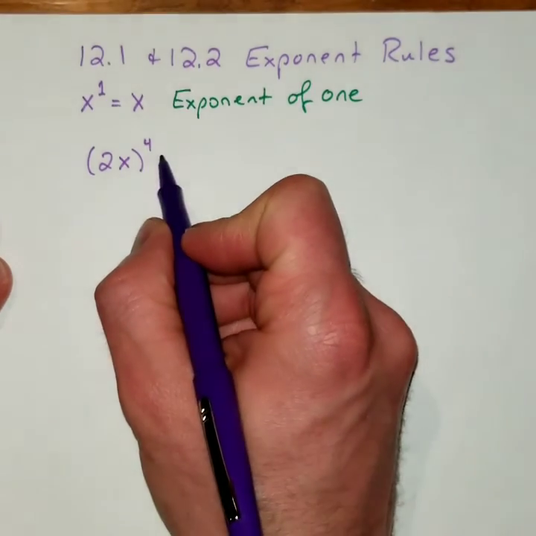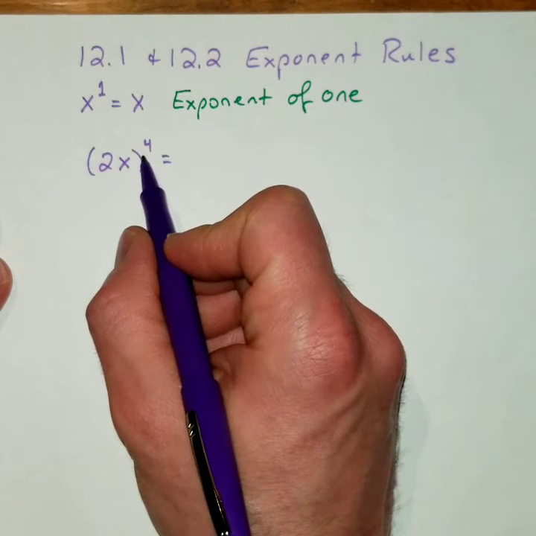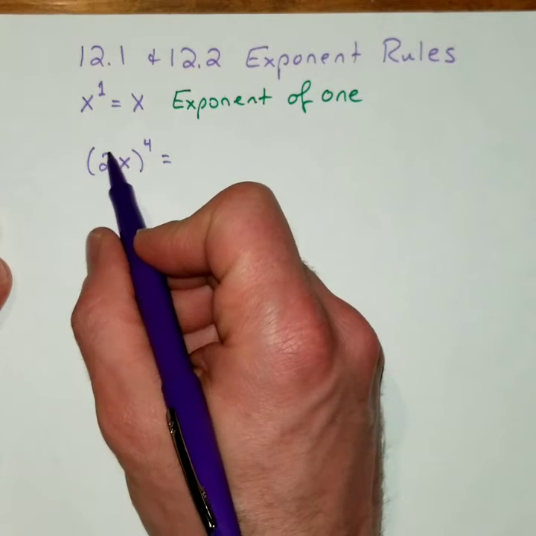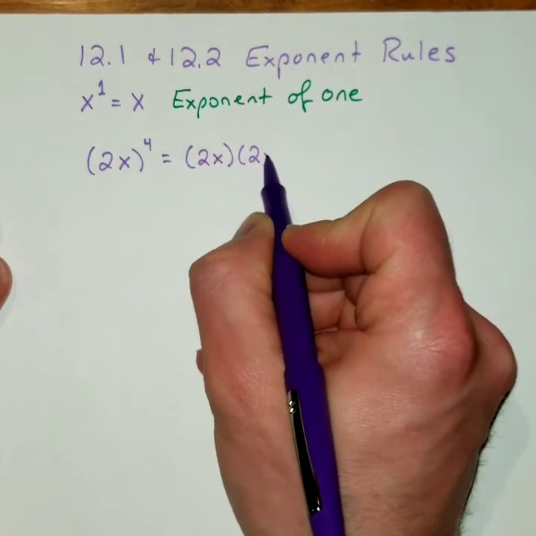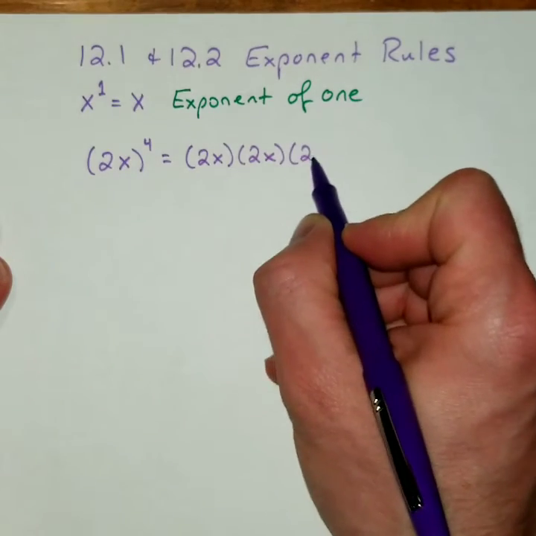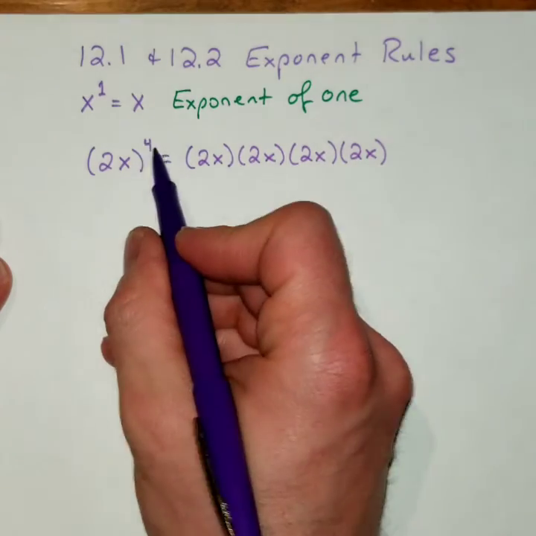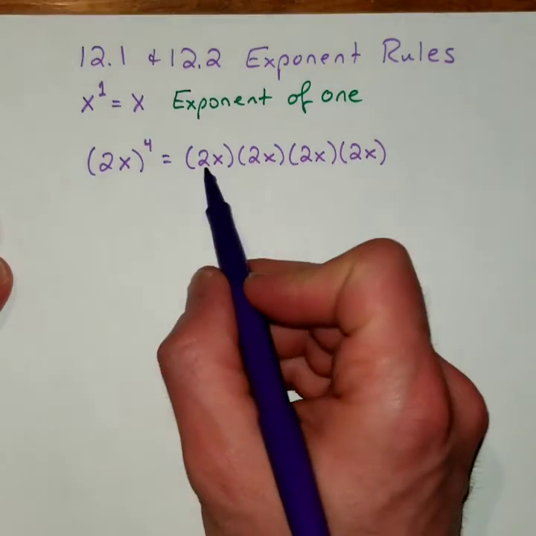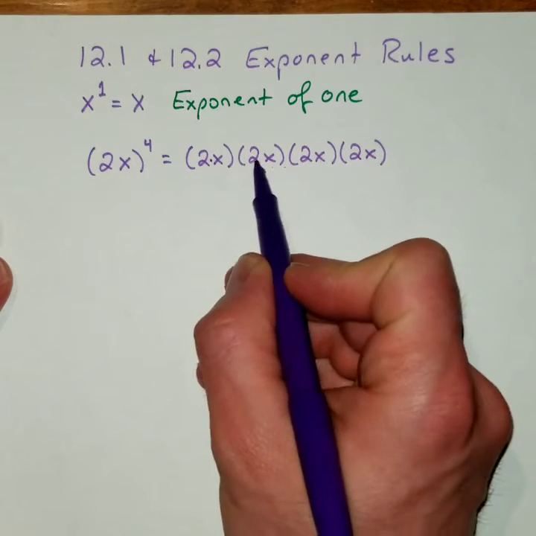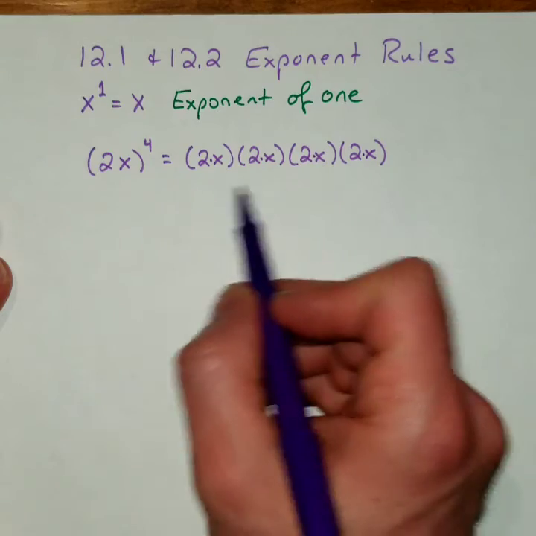So here, in this example, if I wanted to use the definition of exponents, I'd have to multiply 4 factors of 2x. Right? Anything to the 4th power, you have 4 of them multiplied together. Now, because everything is multiplication inside the parentheses and outside, I can rearrange these.